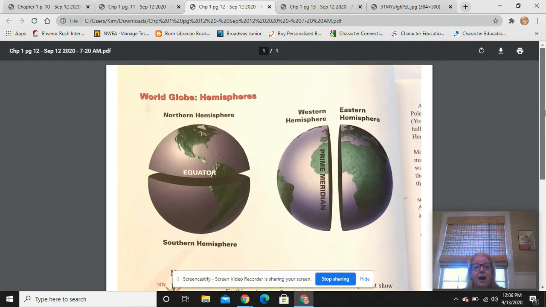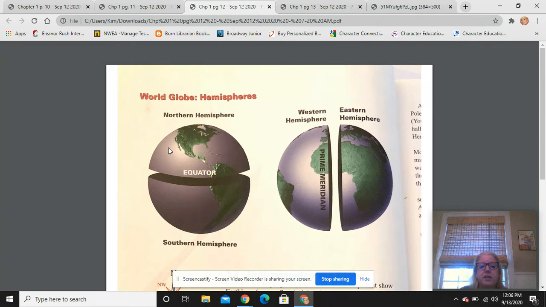So if we go back up, here's the globe. There's where the equator would be. I always like to think of the equator like a belt around the middle of the Earth. Above the equator, the north half of the Earth is called the northern hemisphere. So we in the United States are in the northern hemisphere. We are north of the equator.